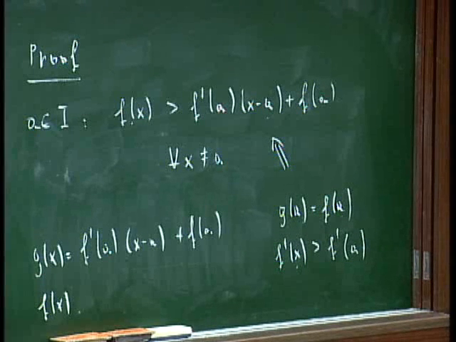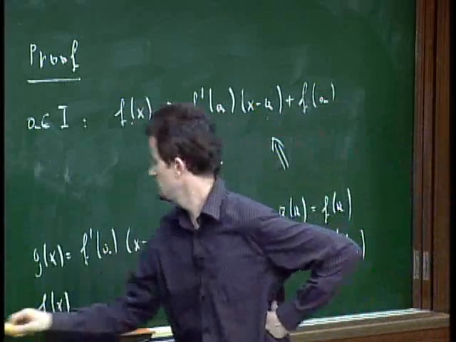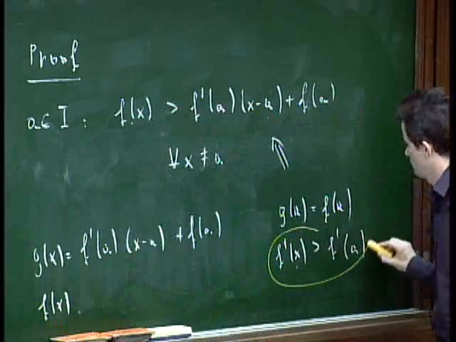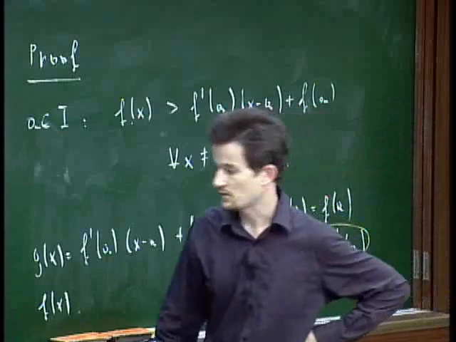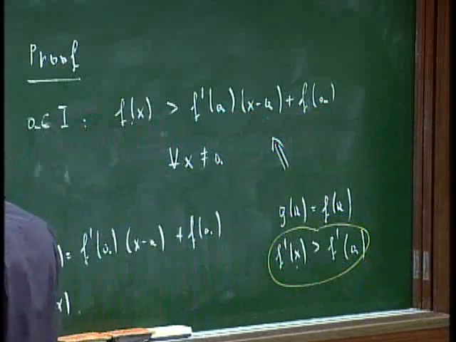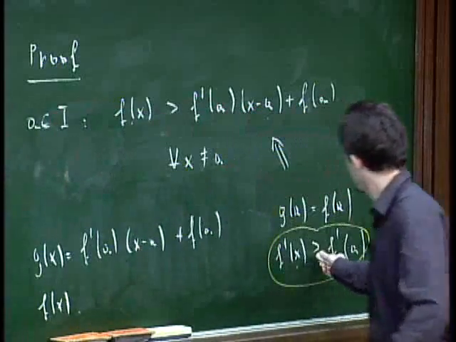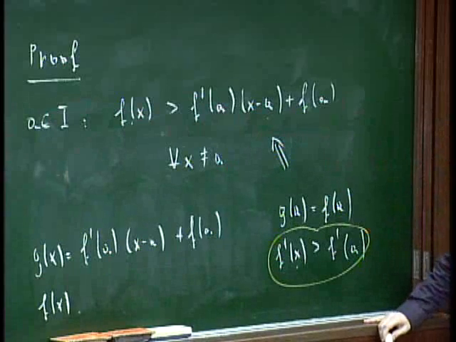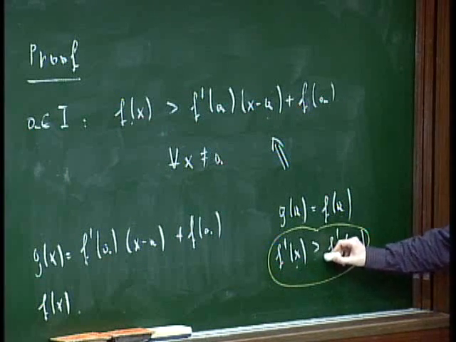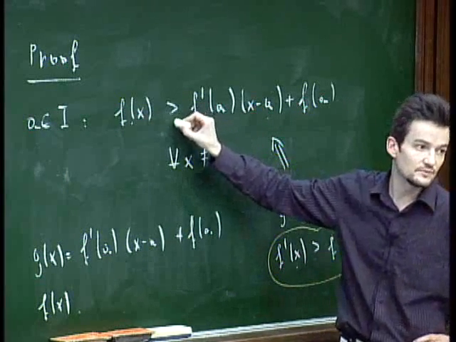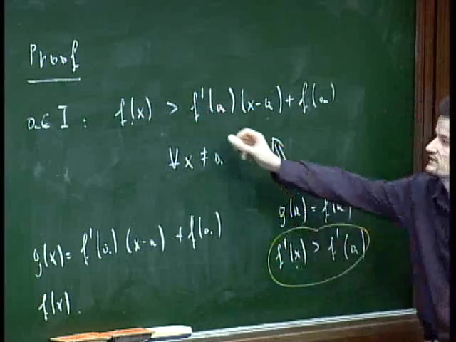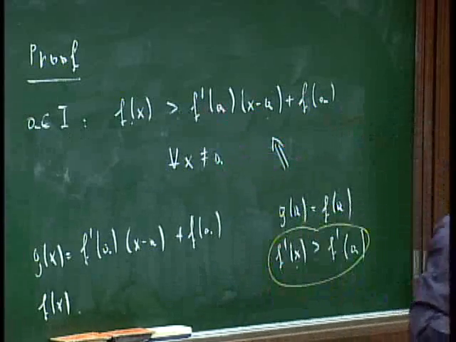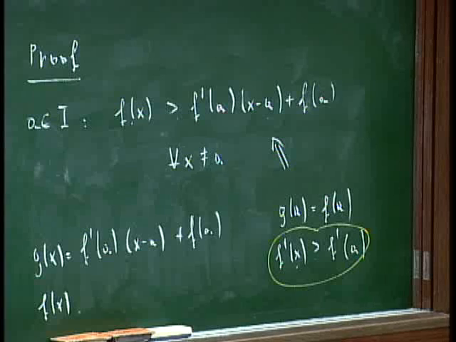So what we have to prove is this here. Actually, last time I stated it a little bit differently. I had larger or equal here, and then I got larger or equal also. But of course, if you have larger here, you get the same conclusion just with larger. So what I have to prove is this here.